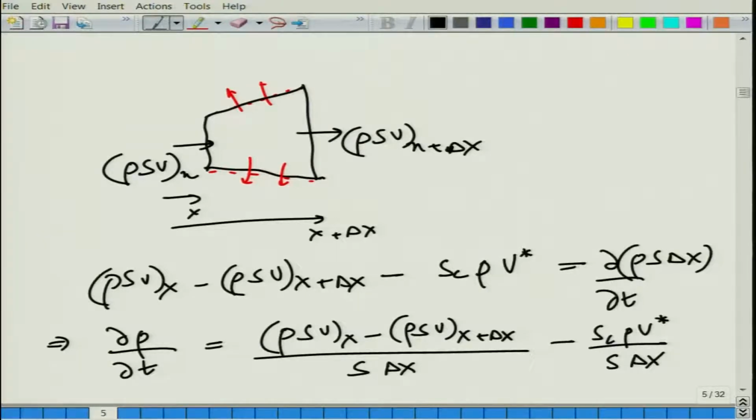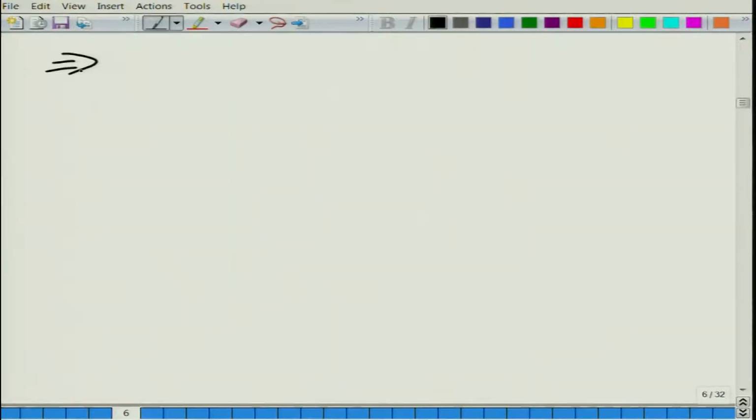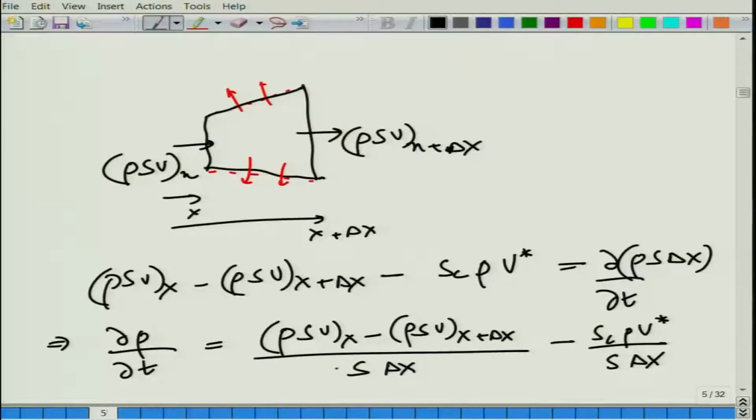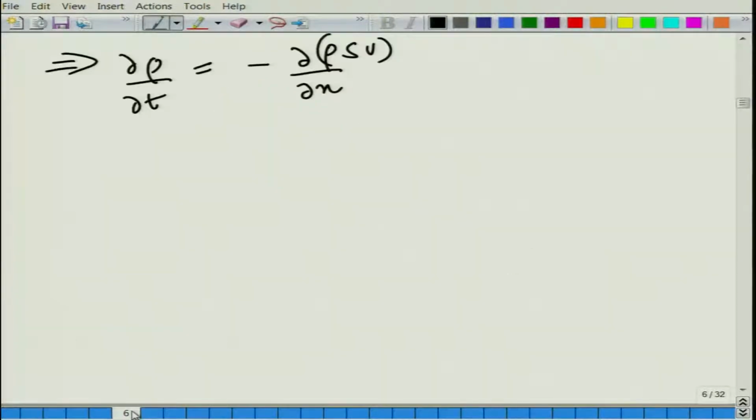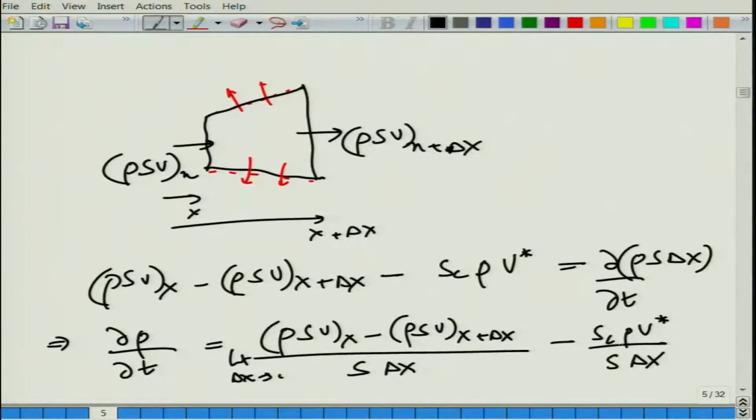Now, we should immediately start to linearize this differential equation, but before we attempt that, one can straight away do the following. del t of rho is equal to minus del x of rho S u, taking the limit as delta x tends to 0, with S in the denominator, and here is minus S c rho u star.